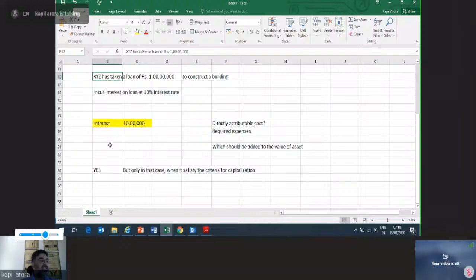The borrowing cost is actually the cost which I am paying for taking the borrowing, right? So all those costs will be added. Some people have mentioned the costs which could be related to borrowing cost, like interest cost, and exchange differences on the interest cost if I have taken the loan outside India, right? So that's something we have got here.